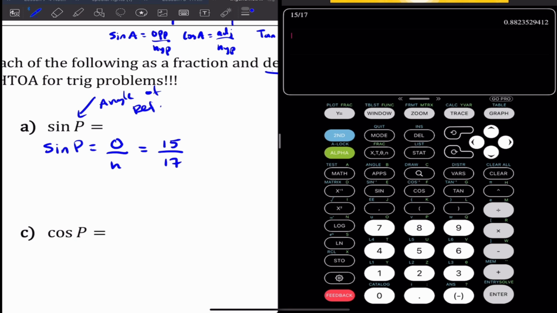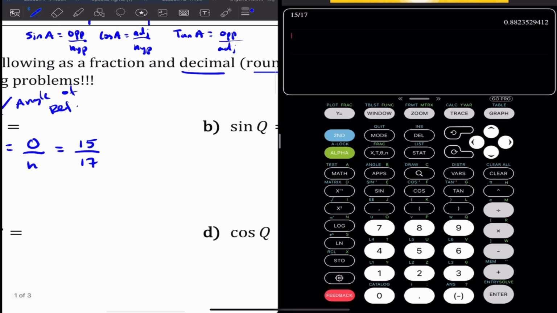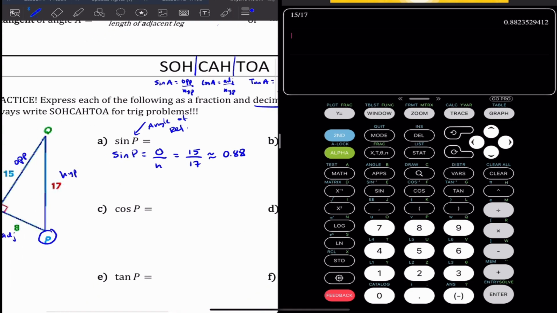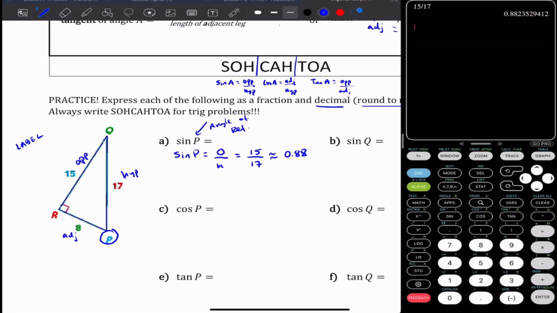So I'm rounding to the nearest hundredth. Just looking at the second 8 after the decimal, the 2 dictates the 8. So my answer is approximately 0.88, okay? All right, I'm going to move this calculator away.